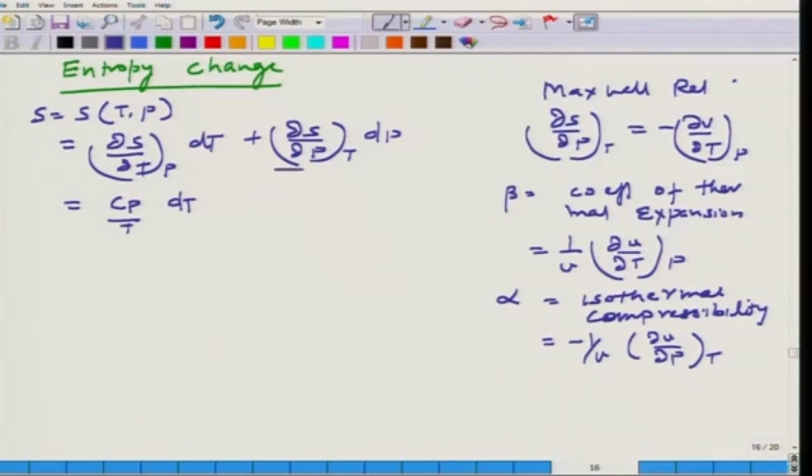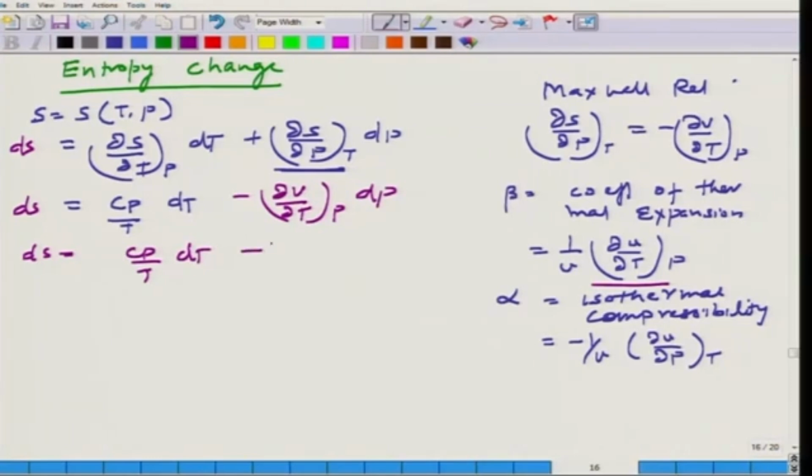So this term can now be written in terms of del V by del T at constant P dP, and this is nothing but can be connected to the coefficient of thermal expansion here. So I can write this dS as Cp by T dT minus beta V dP.